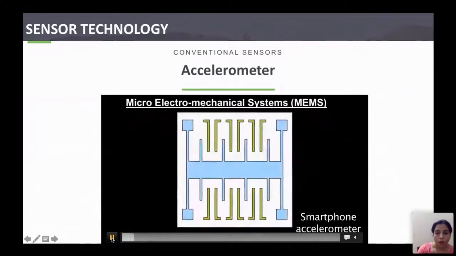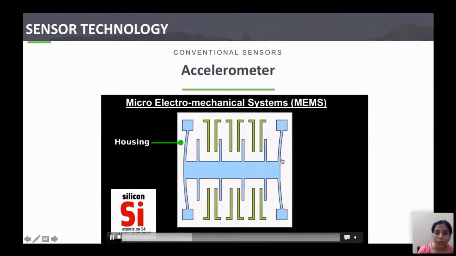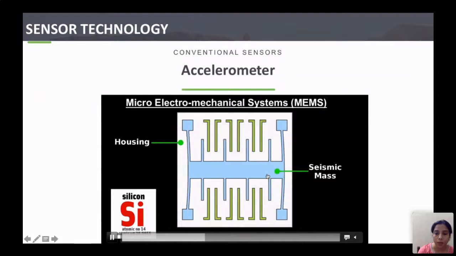It again has the same type of fundamental parts which we just saw in the previous accelerometer. There is a housing, and this comb-like structure is the proof mass, right? So it is vibrating like this.